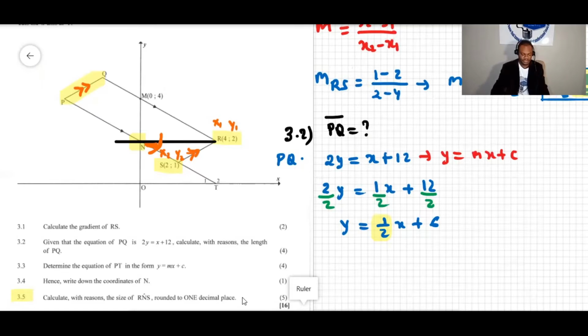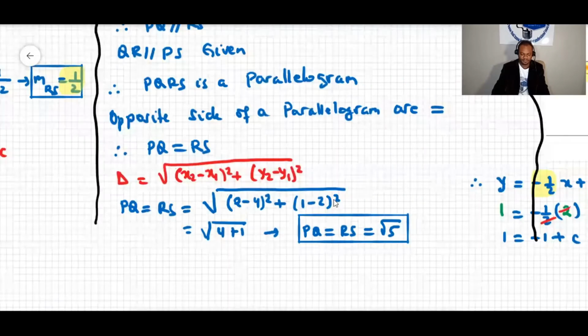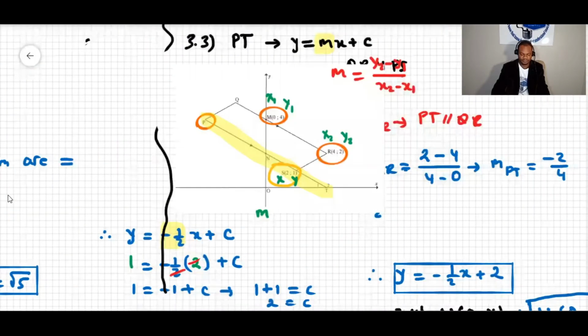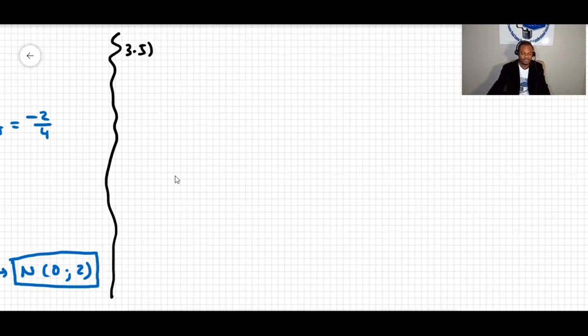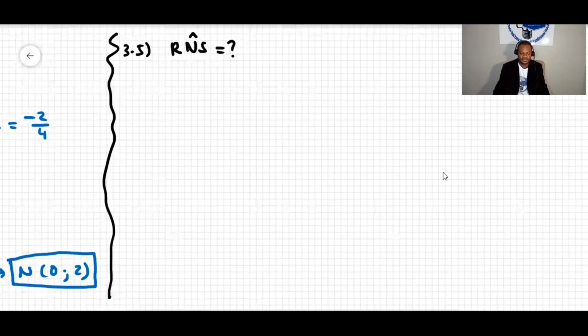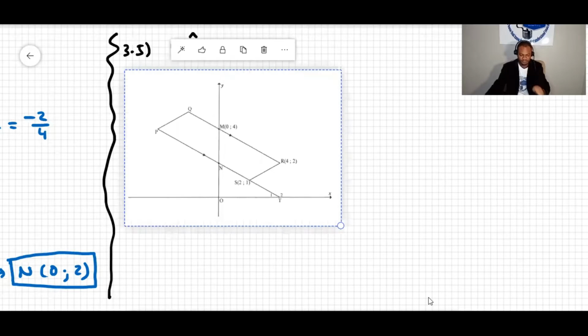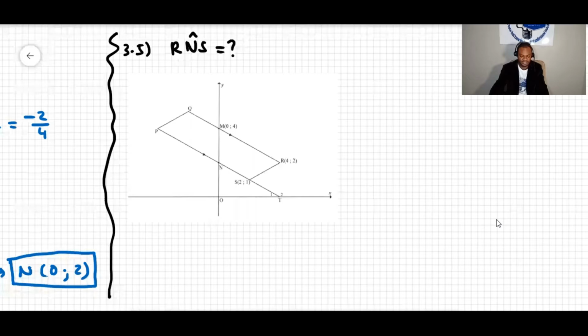All right, I'm going to move my board over here. For question 3.5, we want to calculate the angle RNS. Let us redraw the same graph over here. Now, we need to find this angle.